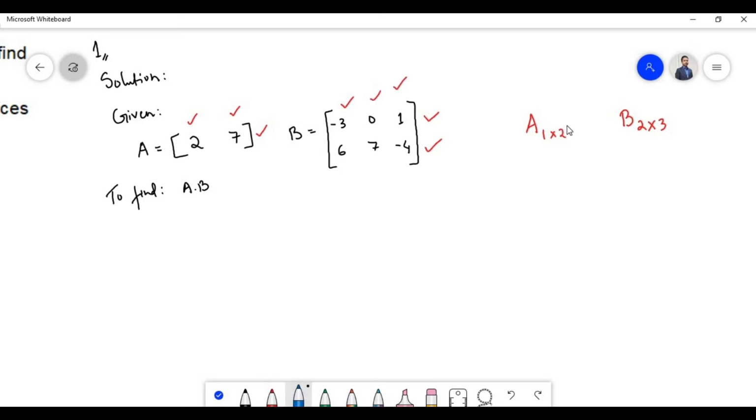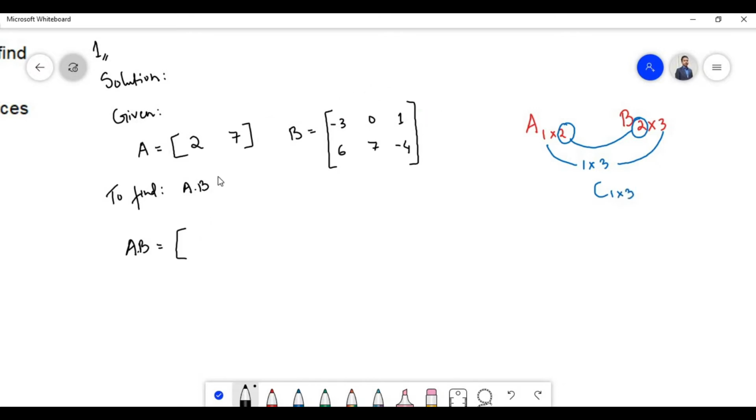We can observe that the number of columns of matrix A is equal to the number of rows of matrix B. Therefore, the two matrices are conformable for multiplication. That is, multiplication of the two matrices is possible. And the resulting matrix, say matrix C, will have an order of 1 cross 3. That is, the resulting matrix will have one row and three columns.